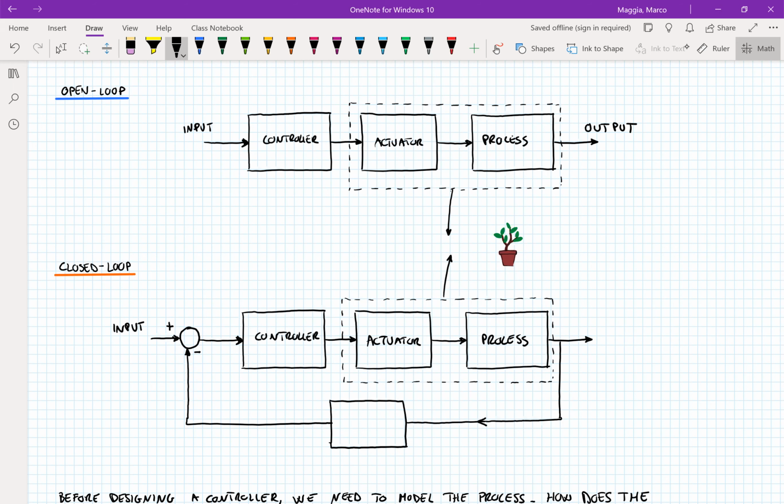But now we have the ability to measure the actual output. So here I'm going to write it as actual output through the sensor. And the sensed signal is then compared to the input, which for closed loop control system is also our desired output.